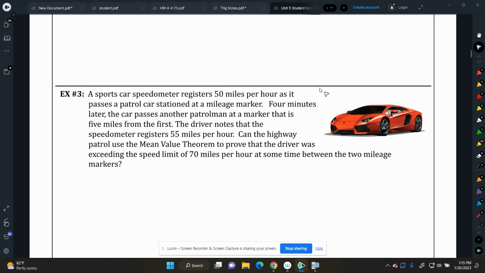Can the highway patrol use the mean value theorem to prove that the driver was exceeding the speed limit of 70 miles per hour at some time between the 2 mile markers? At one mile marker, he was going 50 miles an hour. At another mile marker, he was going 55 miles an hour. Can we prove that he was going 70 miles an hour?